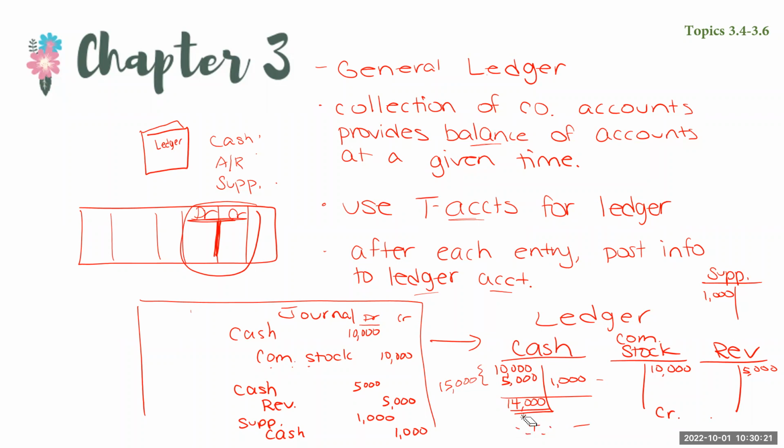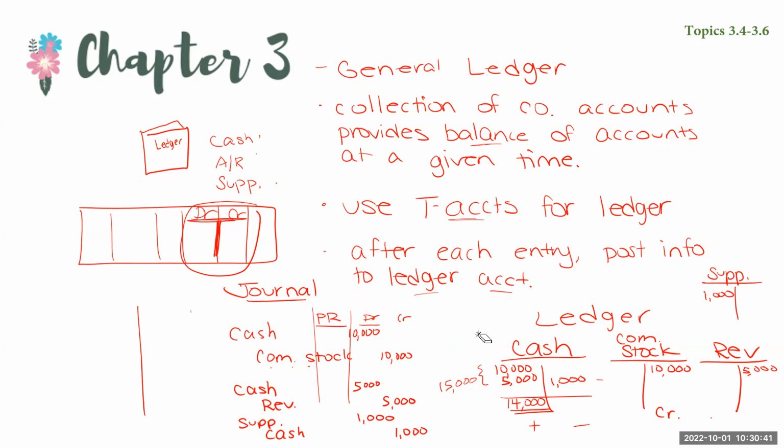Okay, one more thing I want to talk about is the posting reference. We said we'd come back to that posting reference, right? So you're going to fill out this information once it's been moved to the general ledger.